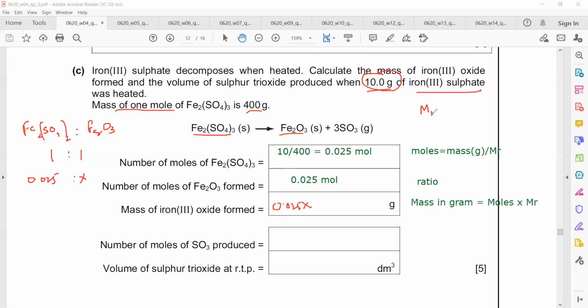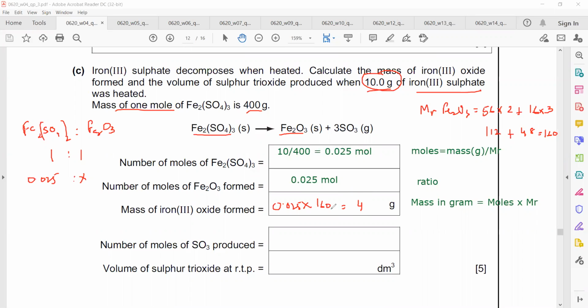Iron's mass is 56, you can use the periodic table for this. 56 multiplied by 2, plus oxygen 16 multiplied by 3. 56 times 2 is 112, and 16 times 3 is 48, so the total is 160. So 0.025 multiplied by 160. What's the answer in grams? We'll get 4 grams of iron(III) oxide.